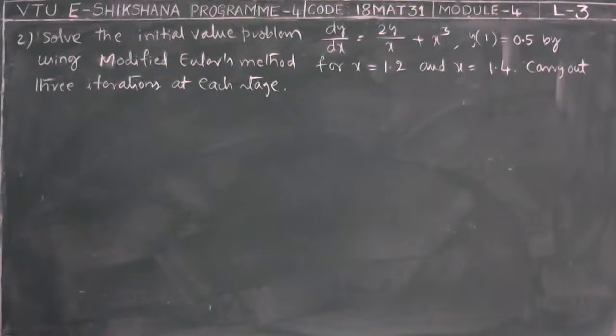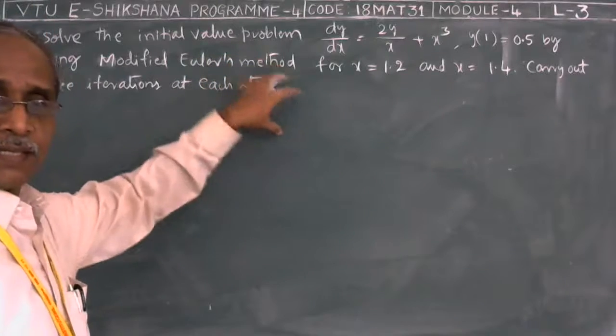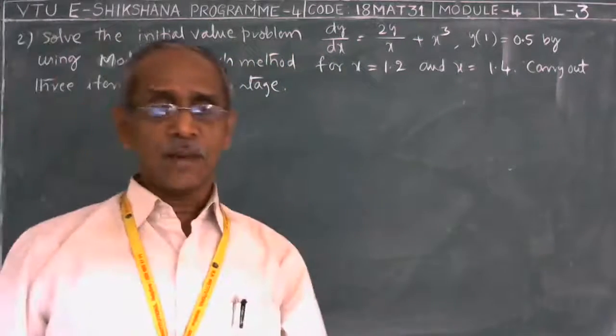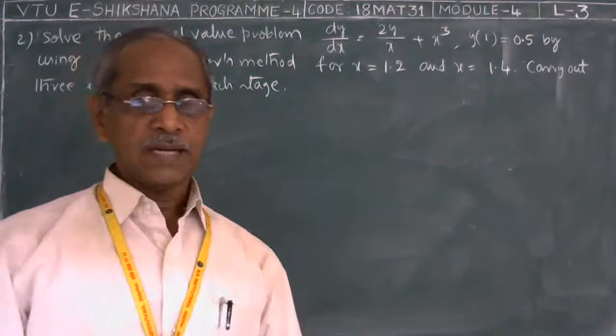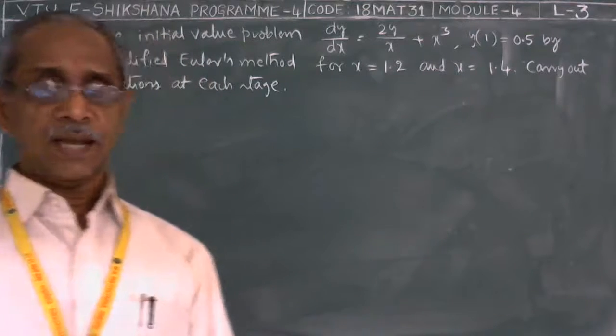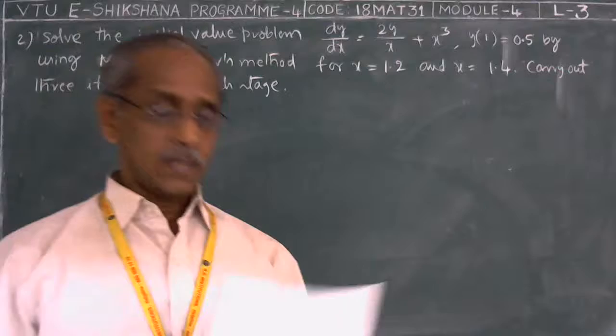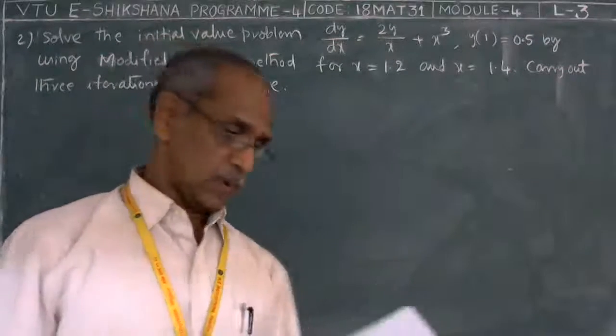So we need to calculate 3 iterations at each stage. Whether they coincide or not doesn't matter. You compute 3 iterations and take the third iteration as the value of y at the particular value of x.